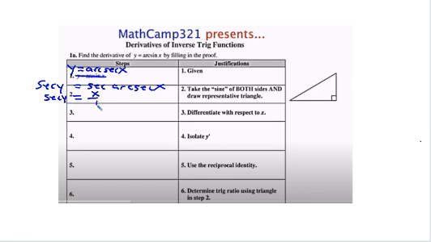All right. Now remember, secant is just like 1 over cosine, right? So we have to flip the cosine: instead of adjacent over hypotenuse, it's hypotenuse over adjacent, if this is my y, all right?